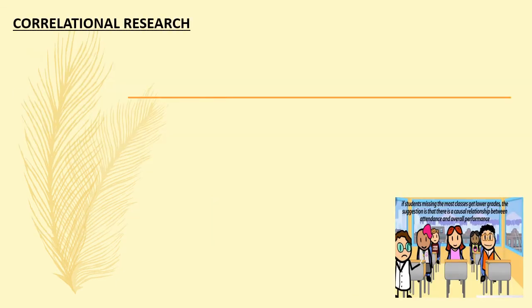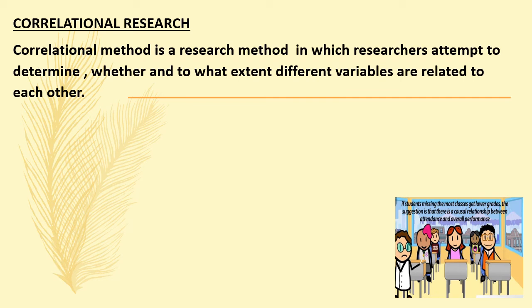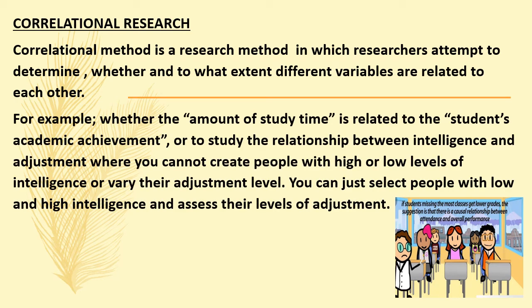Next, we have correlational research. The correlational method is a research method in which researchers attempt to determine whether and to what extent different variables are related to each other. For example, whether the amount of study time is related to a student's academic achievement, or the study of the relationship between intelligence and adjustment, where you cannot create people with high or low levels of intelligence or vary their adjustment level.